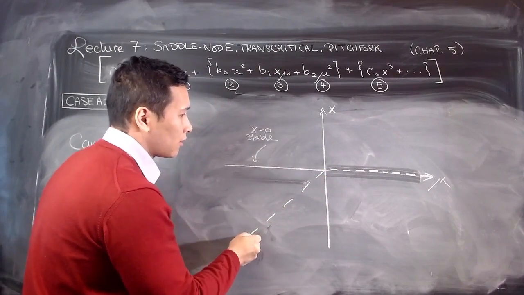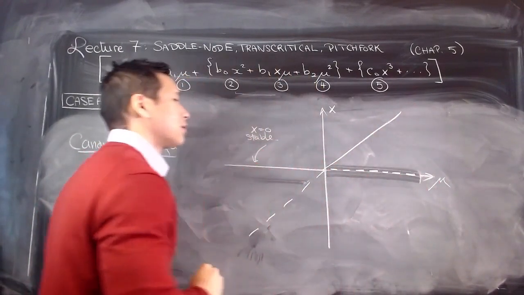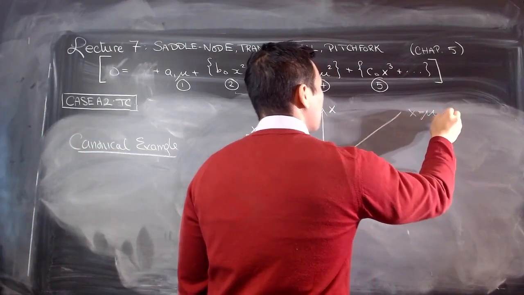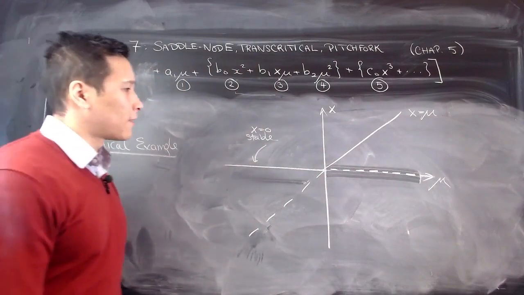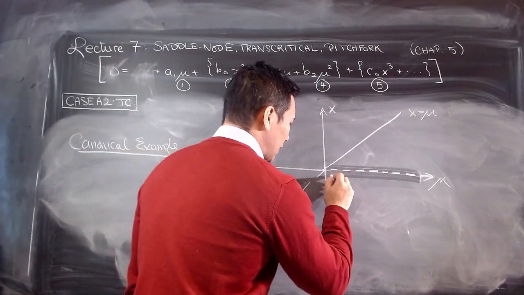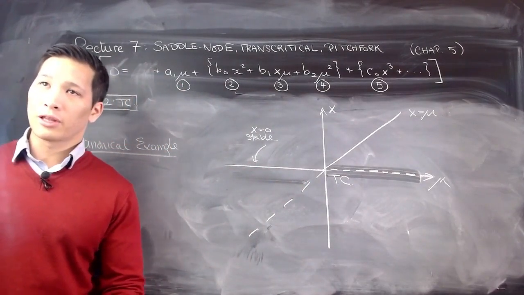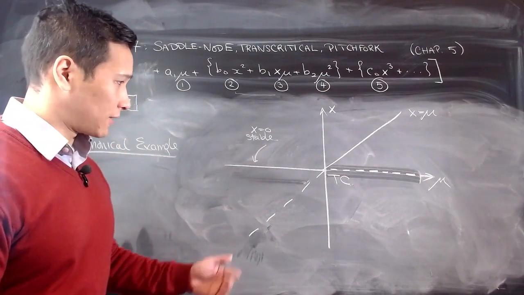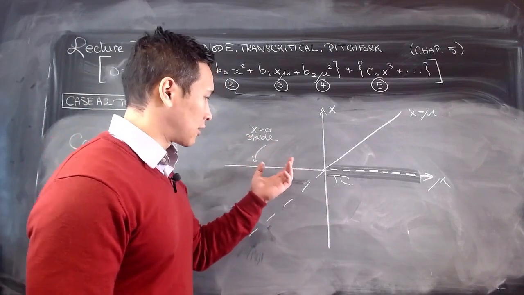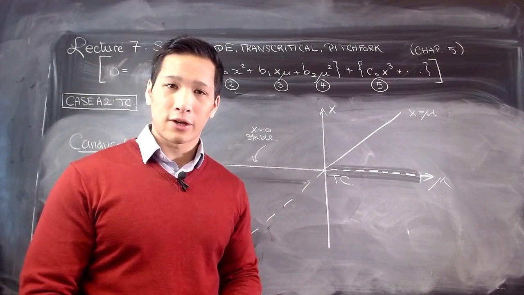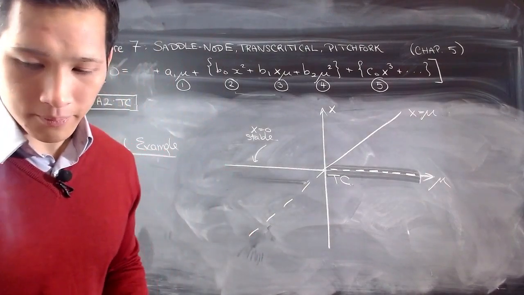And then I know the stability changes on the right-hand side. And this is the line x equal to mu. Okay? And then you label this TC, if you like. Transcritical. So make sure you label your bifurcation diagram. This is how you make a bifurcation diagram. Solid for stable, dash for unstable. Label your bifurcation points. Okay?